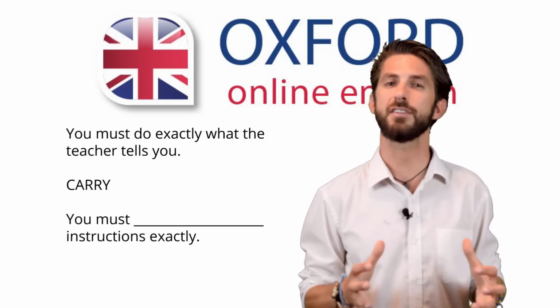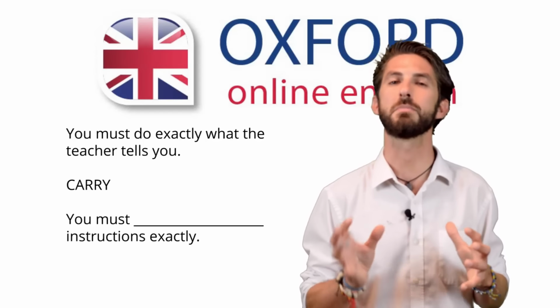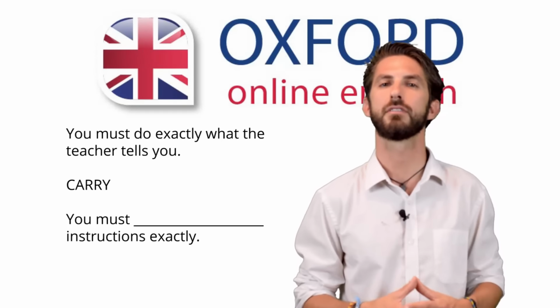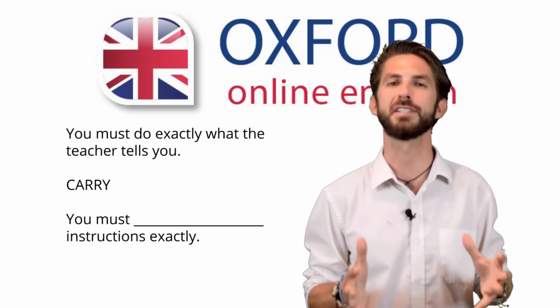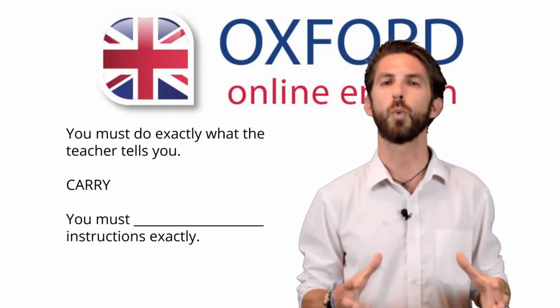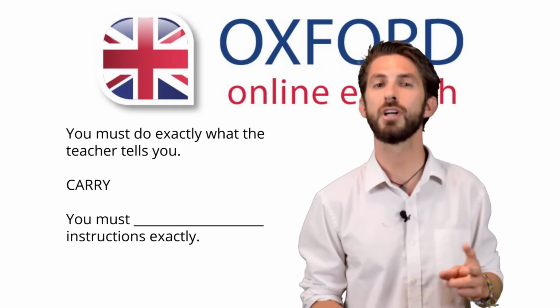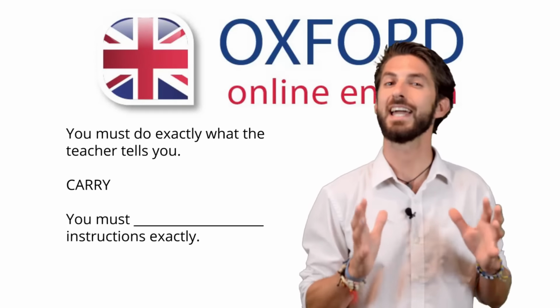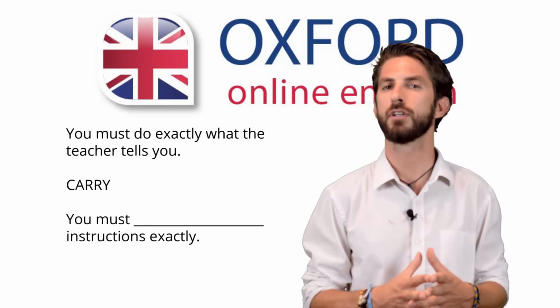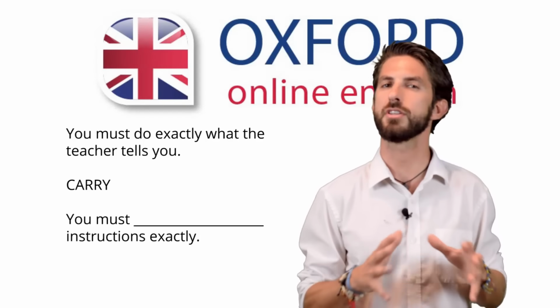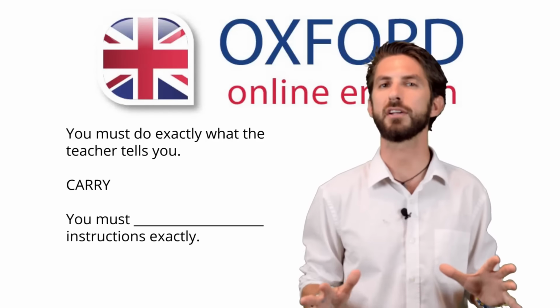The second sentence will only have the beginning and the end, and you have to complete it. When you complete the sentence, you need to use between 2 and 5 words, including the keyword. You cannot change the keyword in any way.